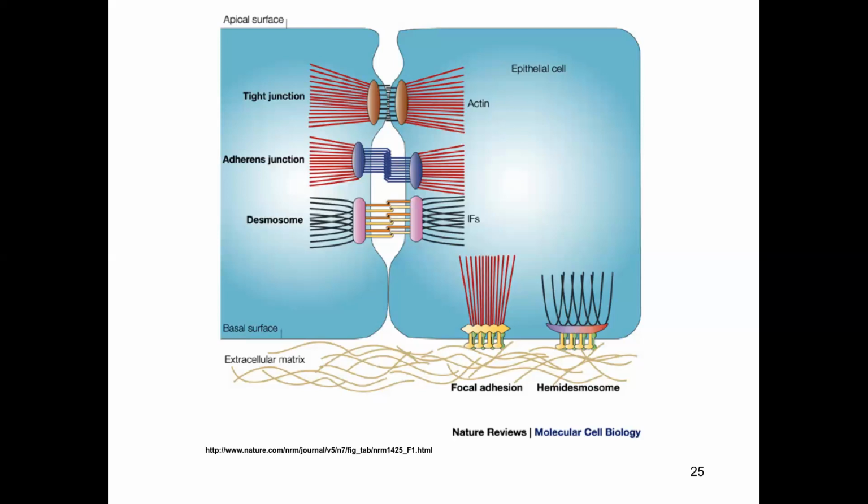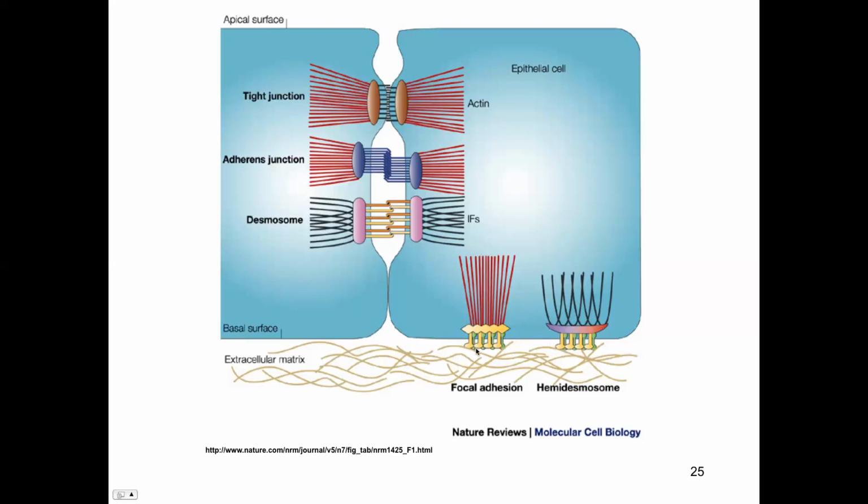Now, the other ones here are the focal adhesions. So these are also cell to extracellular matrix. And what they're forming here is a connection to actin. And down here, you've got integrins as well. So in each of these cases, you have integrins, all right, connecting to different aspects of the cytoskeleton.